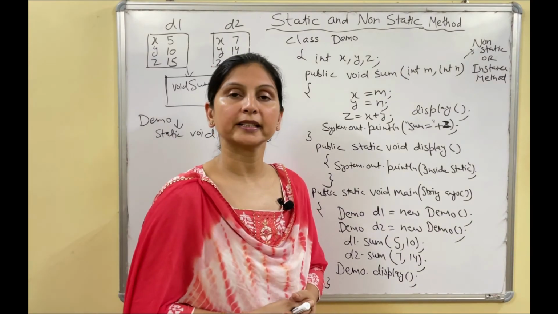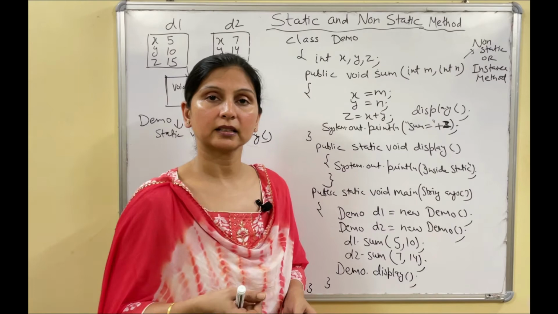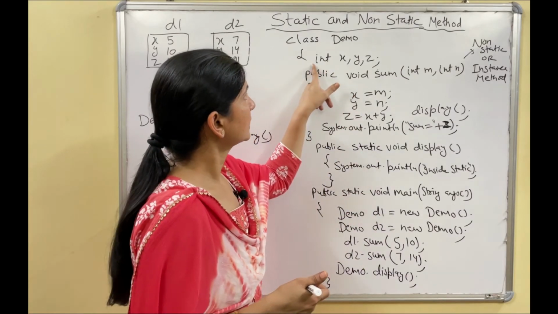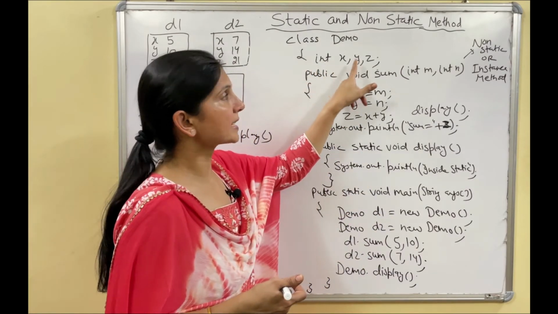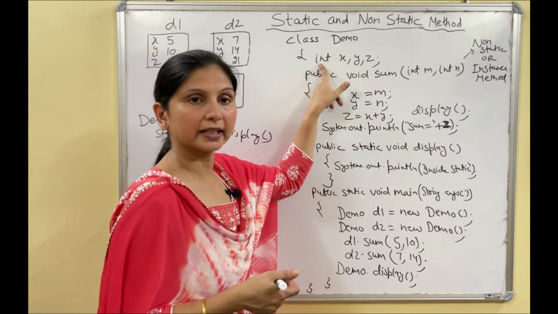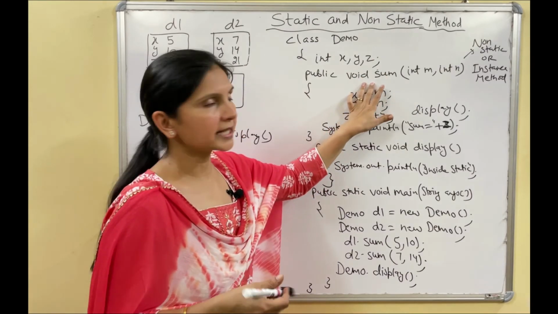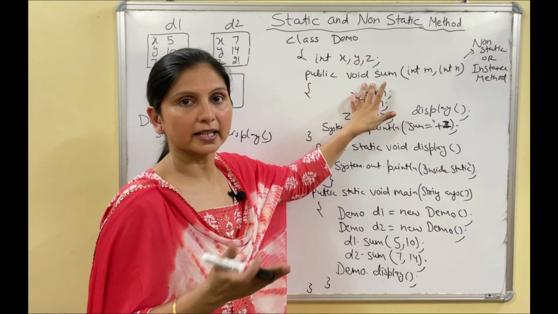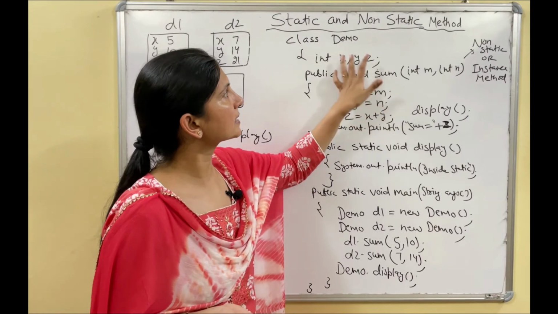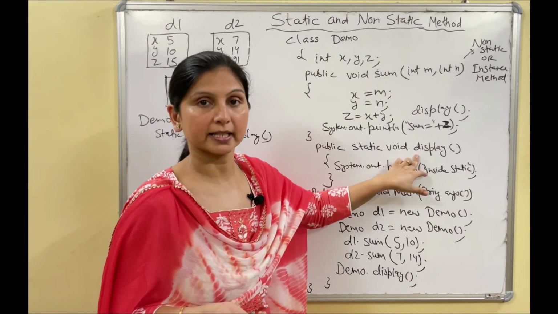Okay, one more point is there, that can we make the data members also static? Yes, we can. Can we write static int xyz? Yes, we can make it. And if I make static int, so it will become static data member. So non-static can access static as well as non-static. So it can access, fine. And this static void display can also access it.